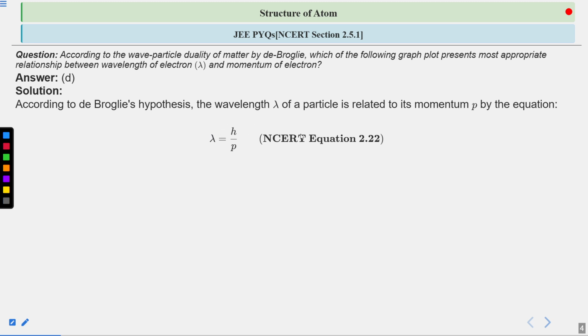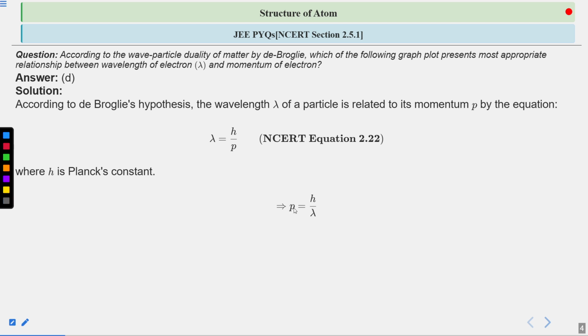This is also an NCERT equation marked as 2.22 in the chapter Structure of Atom. h is Planck's constant, which has a specific value in joule second. This is the lambda value given by de Broglie's hypothesis.